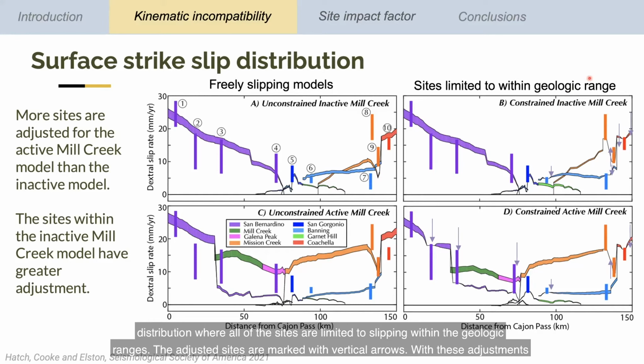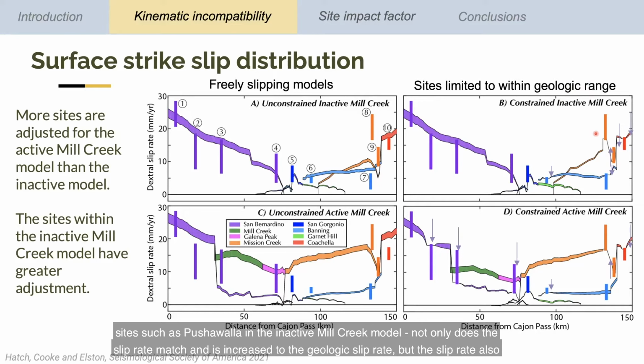The adjusted sites are marked with vertical arrows. With these adjustments, at sites such as Pushwalla in the inactive Mill Creek model, not only does the slip rate match an increase to the geologic slip rate, but the slip rate also increases along the Mission Creek away from that Pushwalla site. Overall, the active Mill Creek model has a greater number of sites that are adjusted, more arrows in this model, but the inactive Mill Creek model has a larger amount of adjustment.